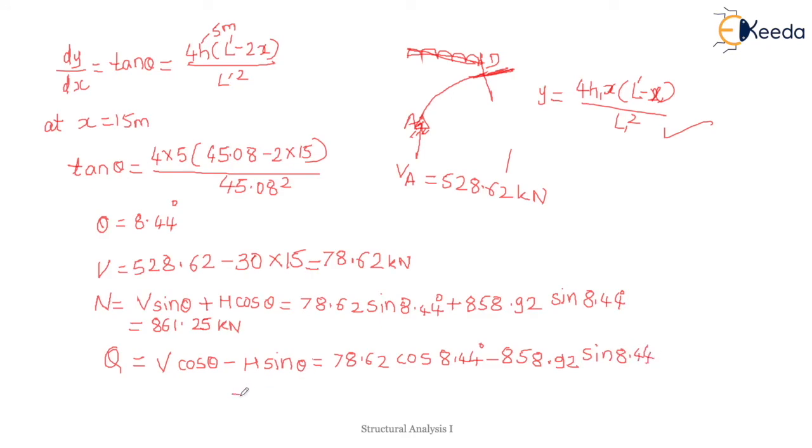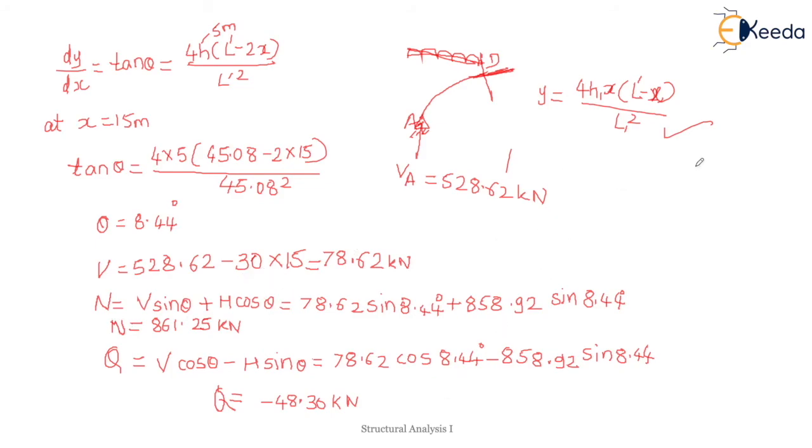So we will get minus 48.30 kilonewton. So this is our normal thrust and radial shear. These are our final values. It was asked in the question what is the normal thrust, what is the radial shear, and what is the moment at the crown, at the point D.